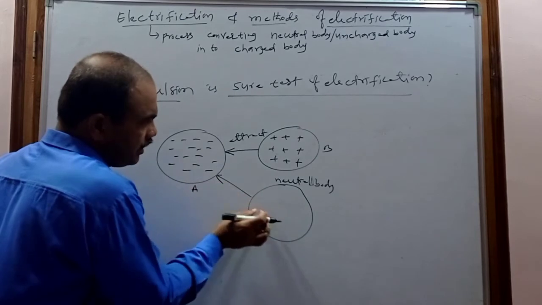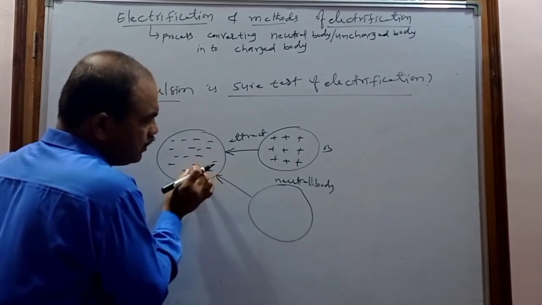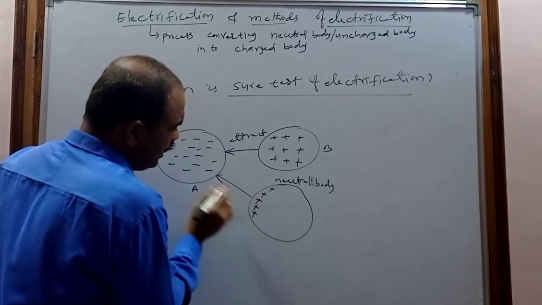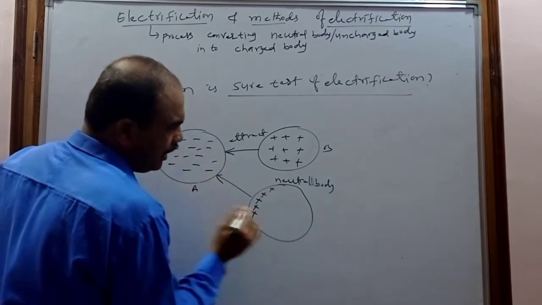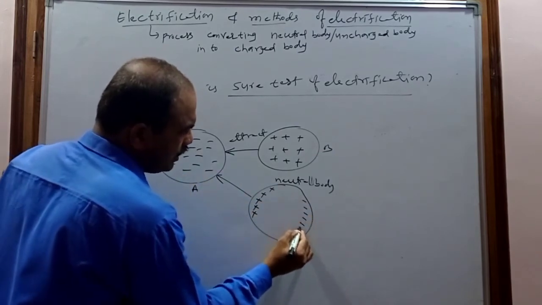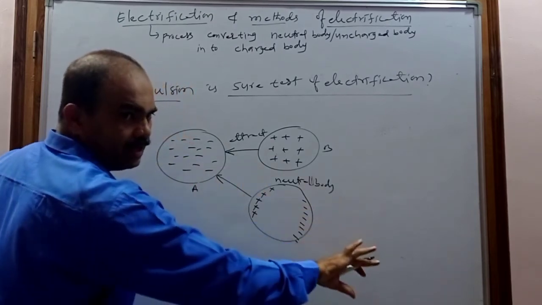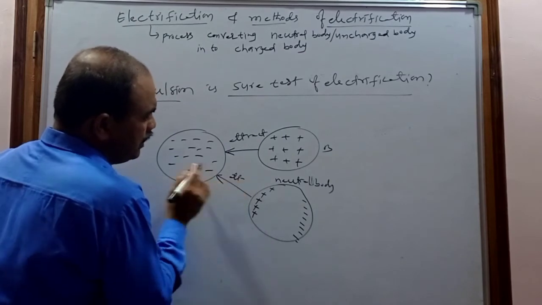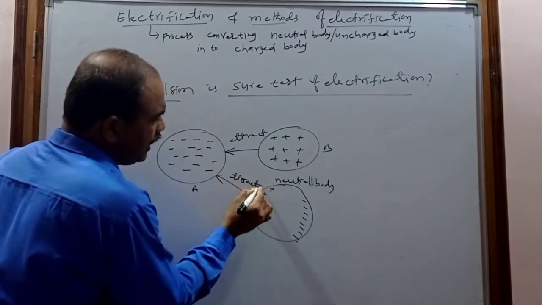When this uncharged body is brought very near to the negatively charged body, it induces a positive charge at the near end, and the same charge as the negative body at the further end of the neutral body. Due to this, the negatively charged body also attracts the neutral body.